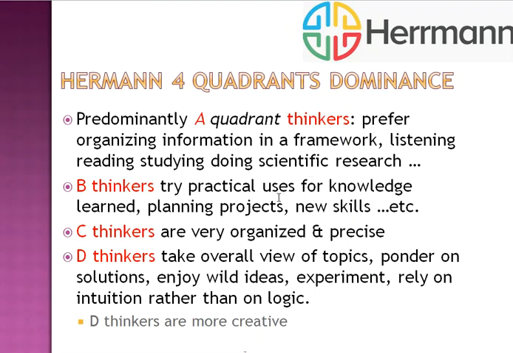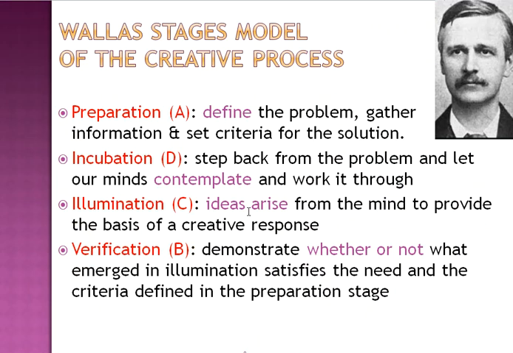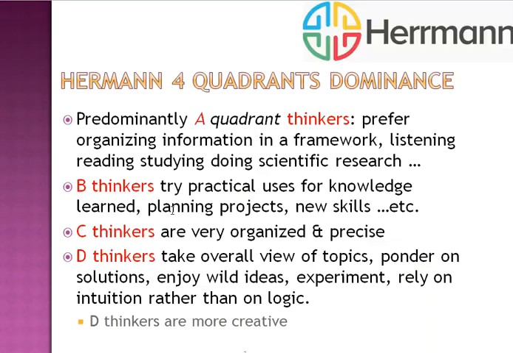In D, a person or the brain, this quadrant of the brain, steps back from the problem and lets our minds contemplate and work it through. Then after that, quadrant C starts the illumination process.